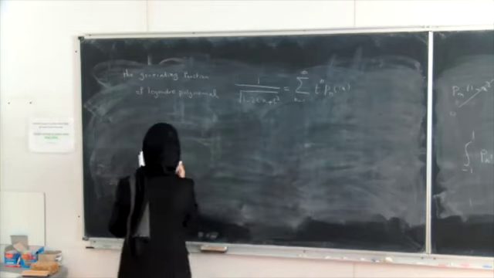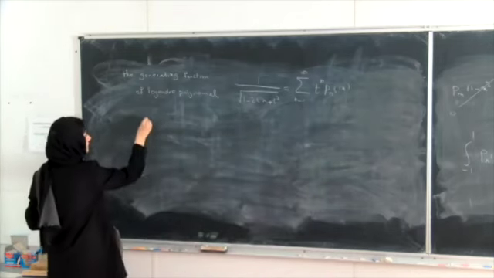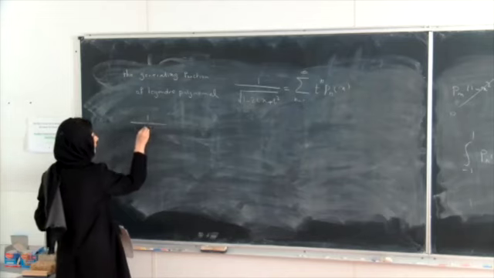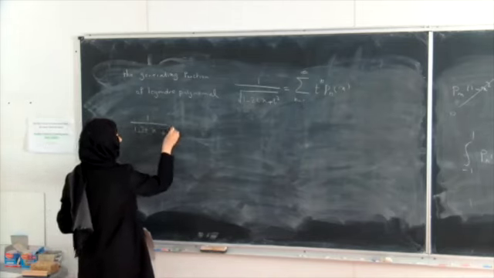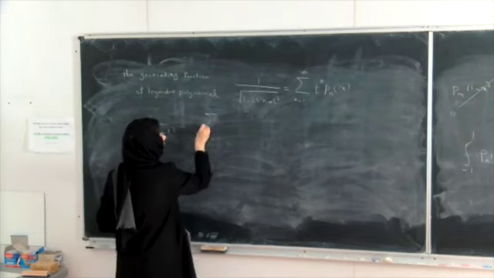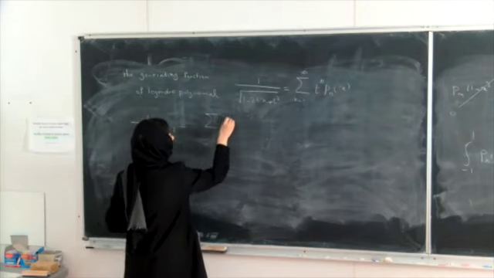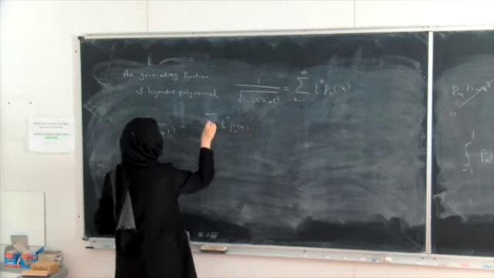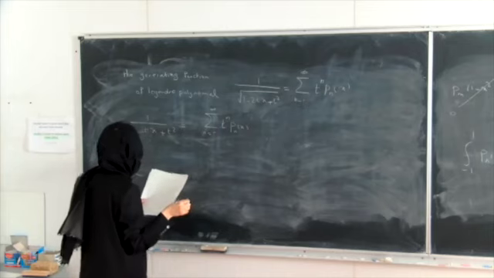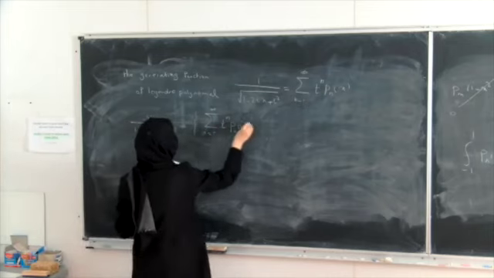We can write it equals to the sum of t^n Pn(x), n from 0 to infinity.